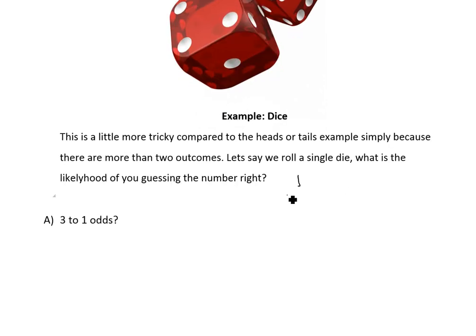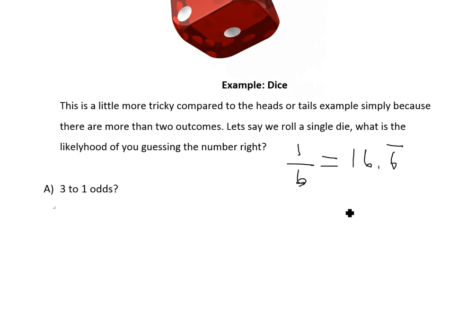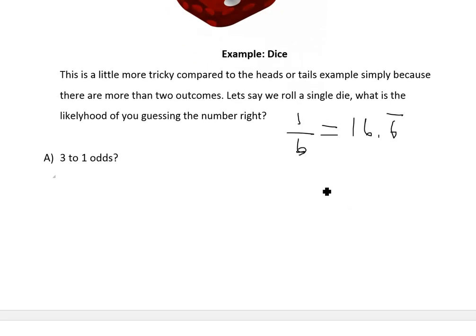It's 1 out of 6, which is about a 16.6666% chance. So what does this mean in a sense when you're gambling? It simply means that if you bet 6 times, you're going to lose 5 times, but you're going to win once.